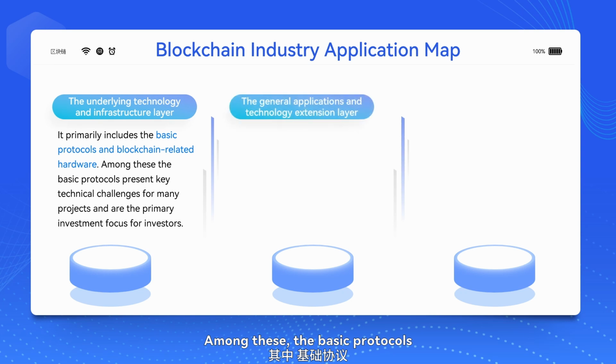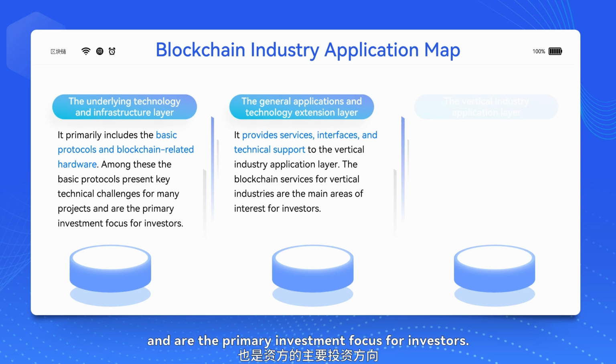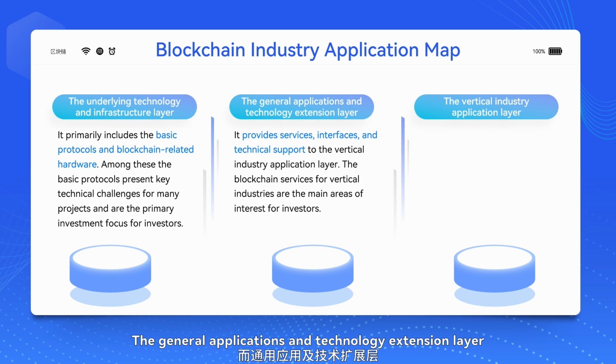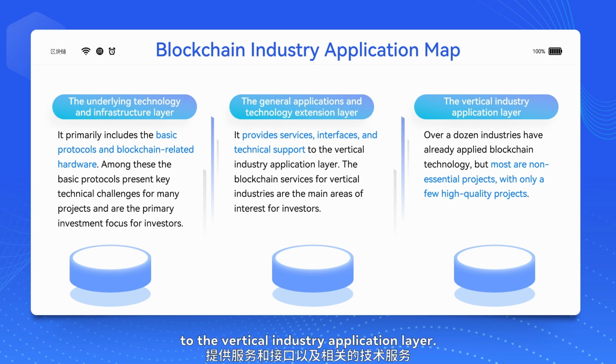Among these, the basic protocols present key technical challenges for many projects and are the primary investment focus for investors. The general applications and technology extension layer provides services, interfaces, and technical support to the vertical industry application layer. The vertical industry application layer already encompasses over 10 different industry applications utilizing blockchain technology.